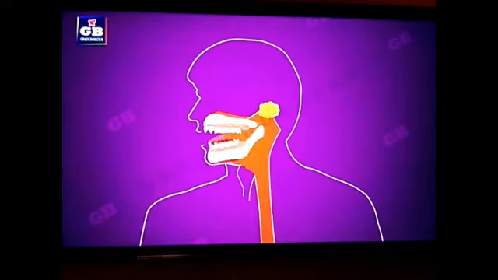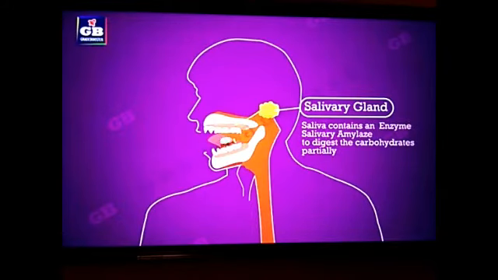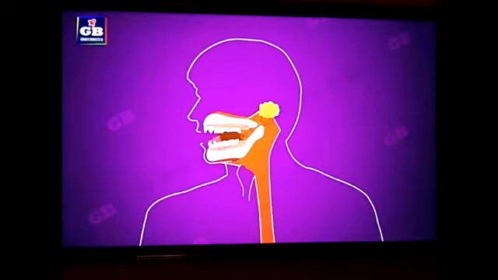Saliva is a watery fluid. Not only does it make the food soft and wet, it also has an enzyme called salivary amylase, which partially digests the sugars.